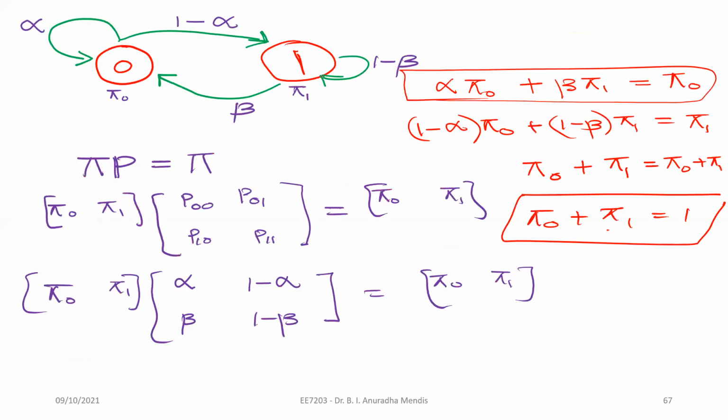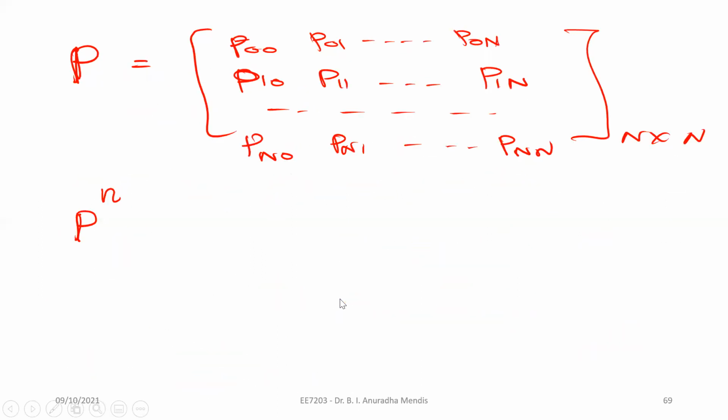For example, for this example, let's say P equals alpha, beta, 1 minus alpha, 1 minus beta.